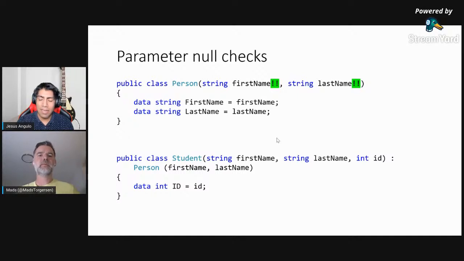So, what do you think is the most popular exception that is thrown in source code? The classic null reference exception. Exactly, a null parameter exception. A parameter null exception, I think it's called.